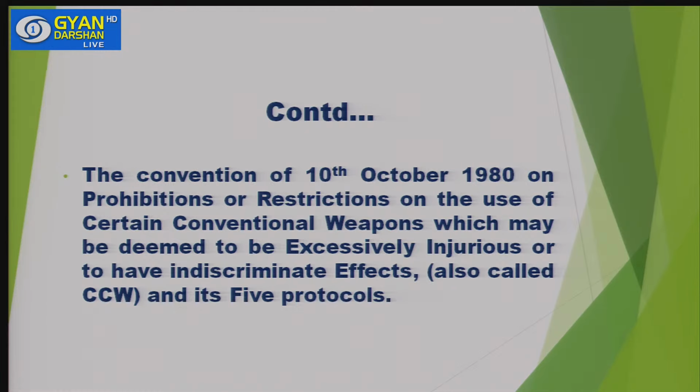One is related to non-international armed conflict. This enhances the protection. These protocols interpret the provisions of the conventions in line with the prevailing situations, and provide some more protections.